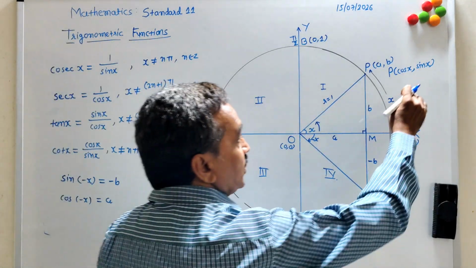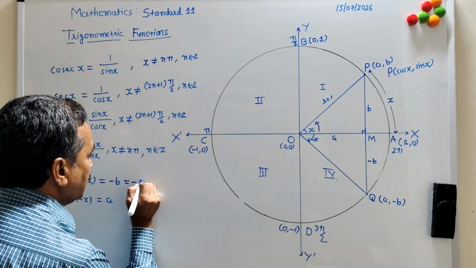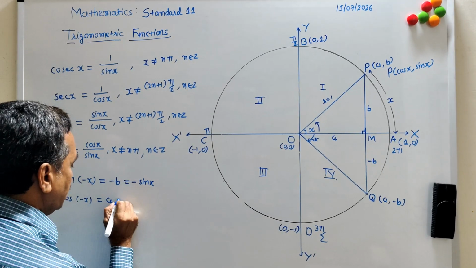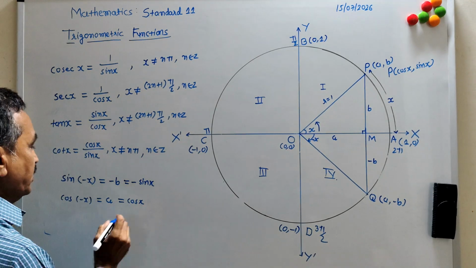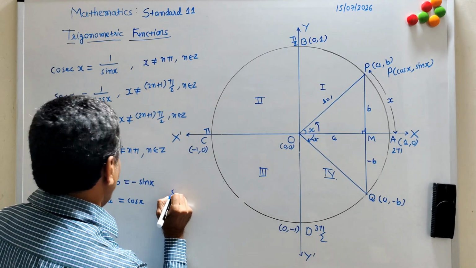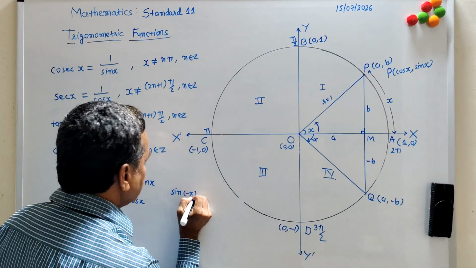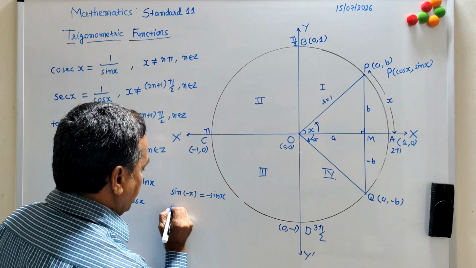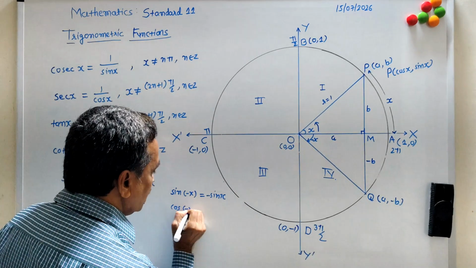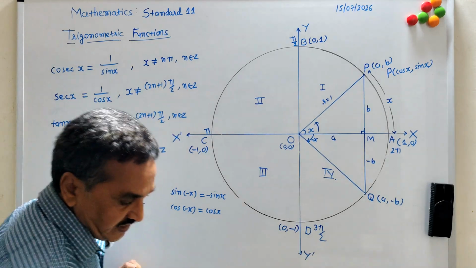But what is b? B is sin x. So sin of minus x is equal to minus sin x and cos of minus x is equal to cos x. These two are very important.